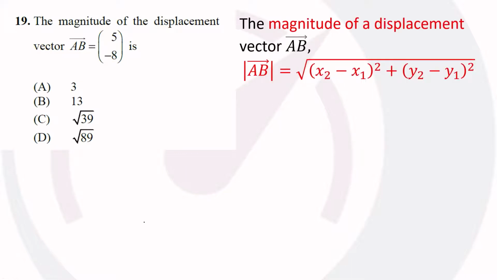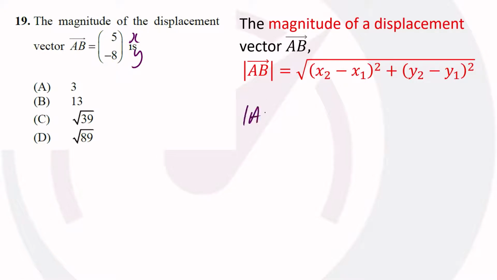However, the formula to find the magnitude of a displacement vector is the square root of... Anybody who watched my coordinate geometry videos will realize that that's just the distance of AB, the length of the line AB, the magnitude of AB. So we have x2 minus x1 squared plus y2 minus y1 squared. Now in this case, we only have one x and one y, so it's going to work out just as how we did the position vector.